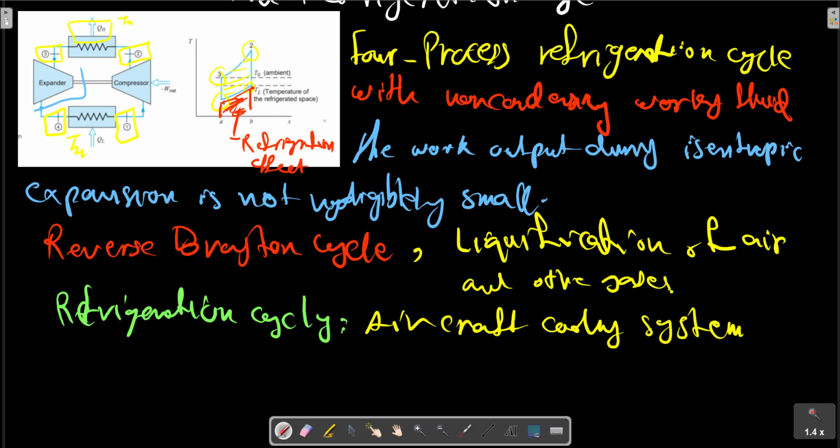The coefficient of performance is the ratio of these areas.